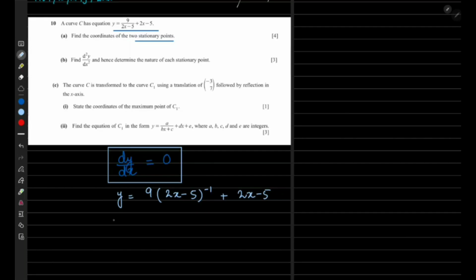Now finding dy by dx. For x to the power n, the derivative is n x to the power n minus 1, so it will give you minus 1 times, (2x minus 5) to the power minus 2, times 2, plus 2. And the derivative of 5 will be 0.